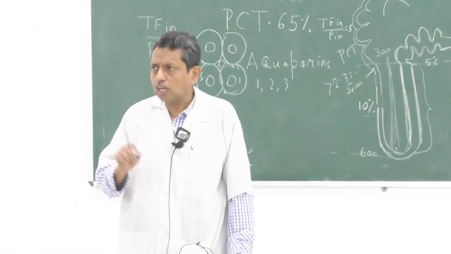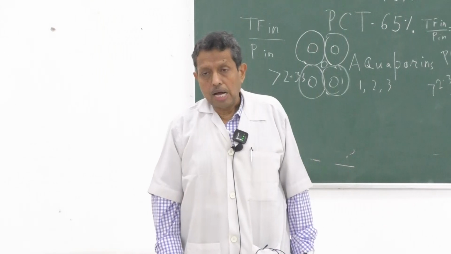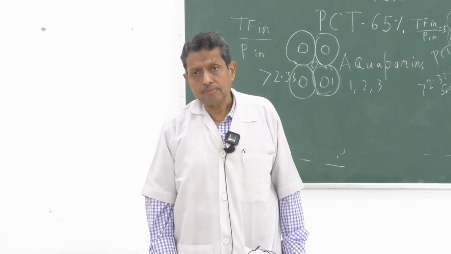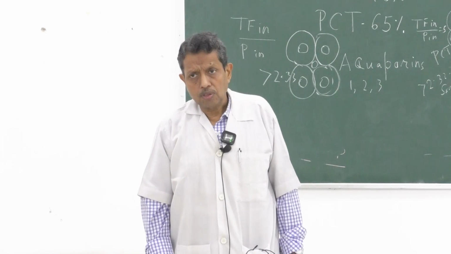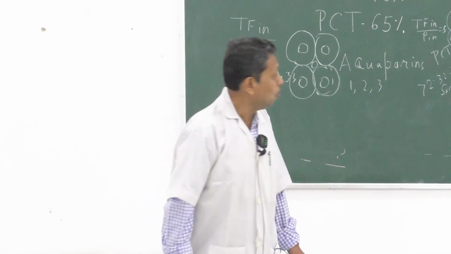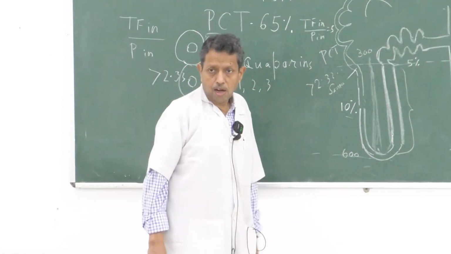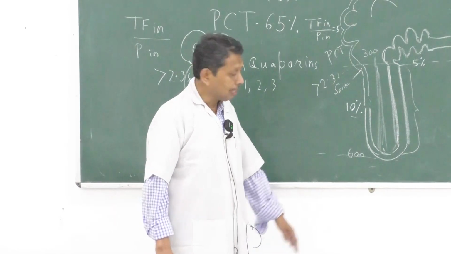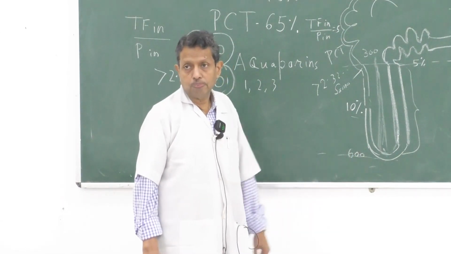It is equivalent to that of the plasma, and it is 300 milliosmol per kg, and there is high vascularity. So there is no accumulation in that case. But when you go deeper and deeper into the thickness of the medulla, at the junction between the outer medulla and inner medulla, it is 600 milliosmol.